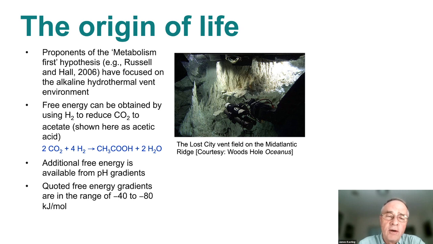There's also free energy available from pH gradients within these vents, and Russell and Hall consider both of those, and they come up with free energy gradients in the range of 40 to 80 kilojoules per mole, which is really quite a lot of energy. The energy needed to synthesize ATP from ADP is about 35.6 kilojoules per mole. So that could have been a driving force for the origin of life.